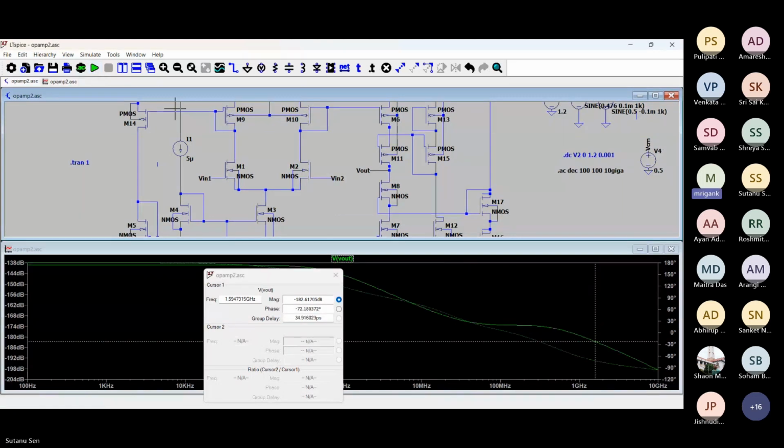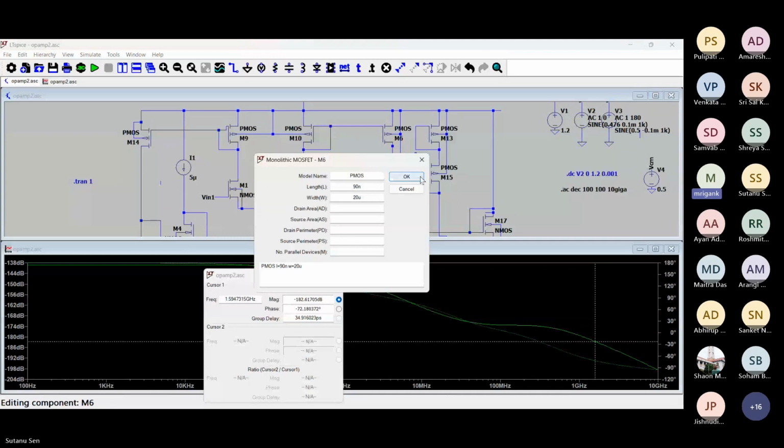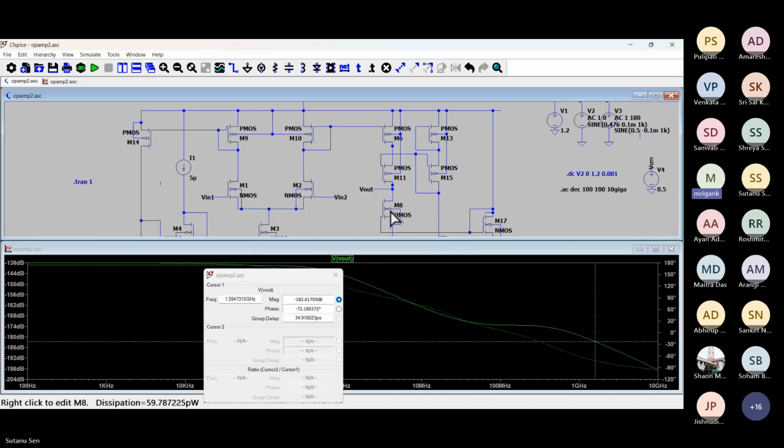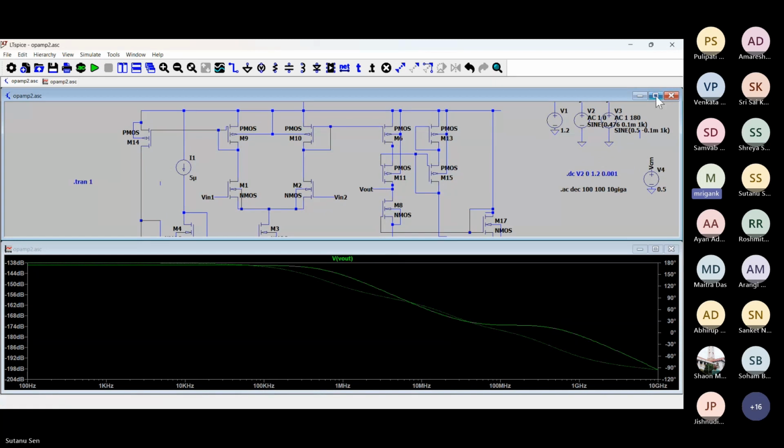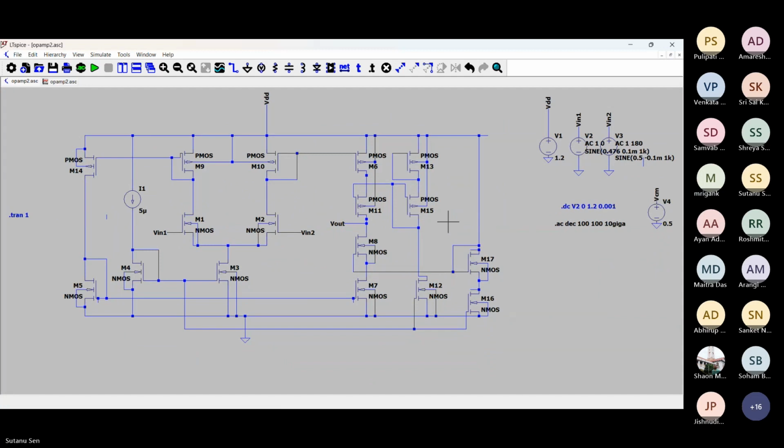You will have to change the mirroring. So just look at the mirroring because the mirroring ratio has to be maintained. So this one you have increased W and L both. Downward side you have increased W and L both. Close this, and the middle side the ratio is same. So fine. This to this ratio anyway you have not changed, and the current should be remaining similar, so this should be fine.